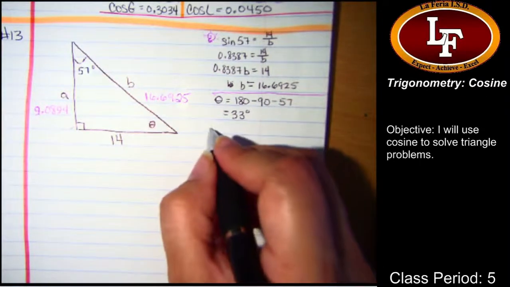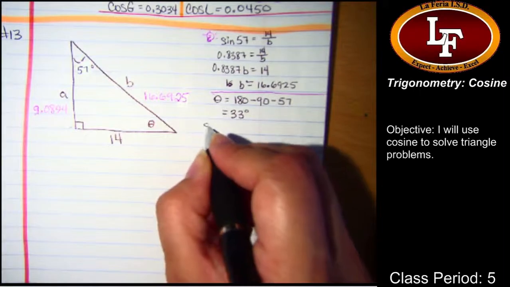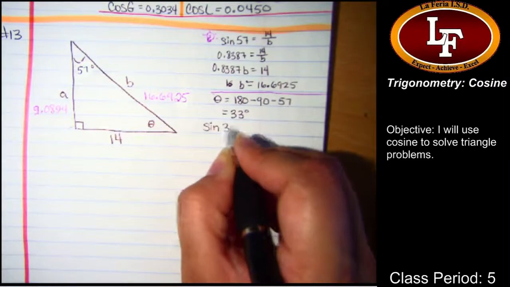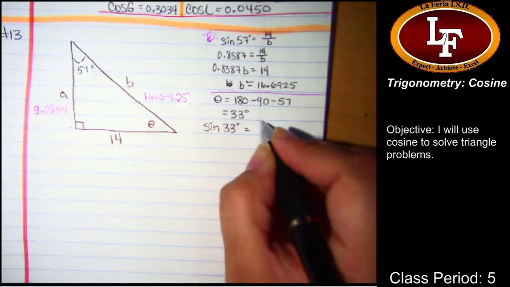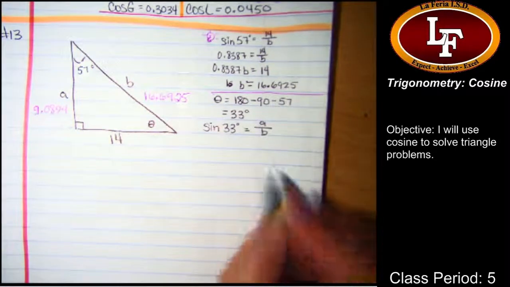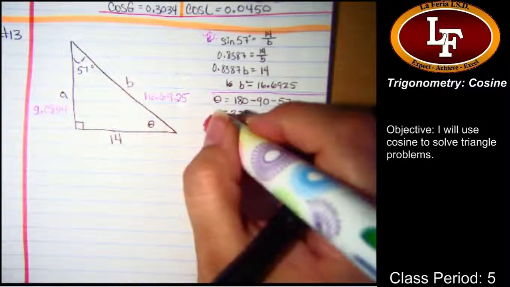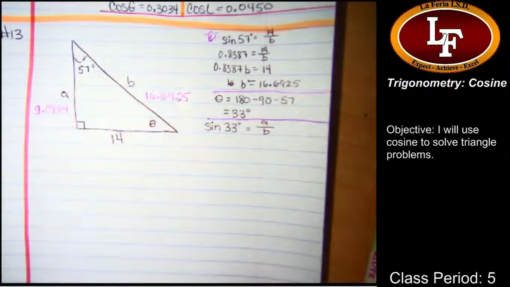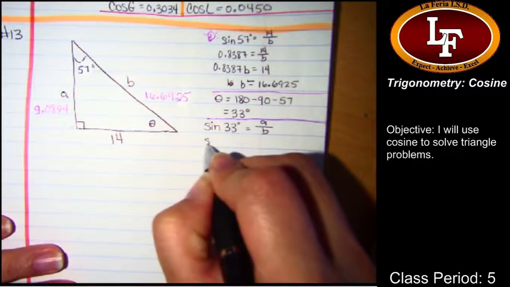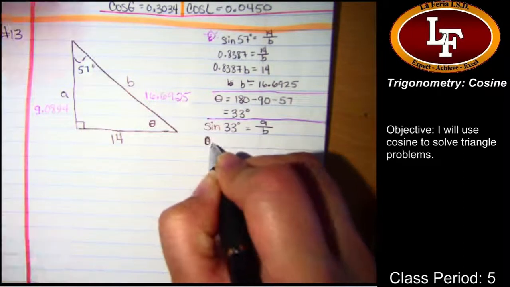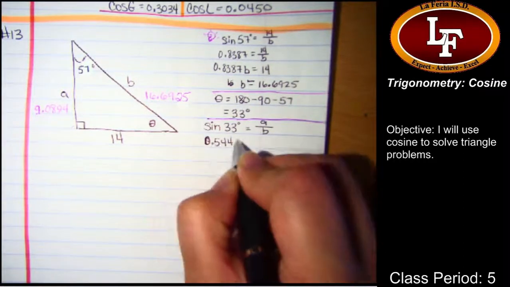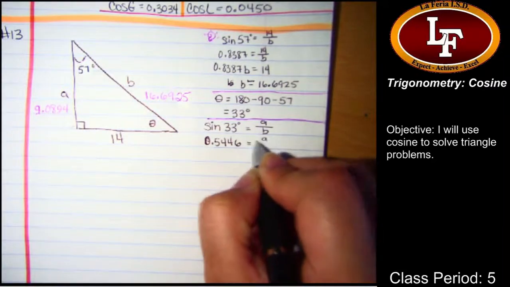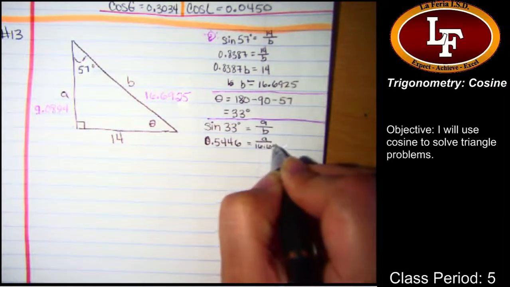Now that we knew what the angle was, we put it back into our sine ratio. But this time, we already had b, and so again we calculated the sine of 33 and did our substitutions.